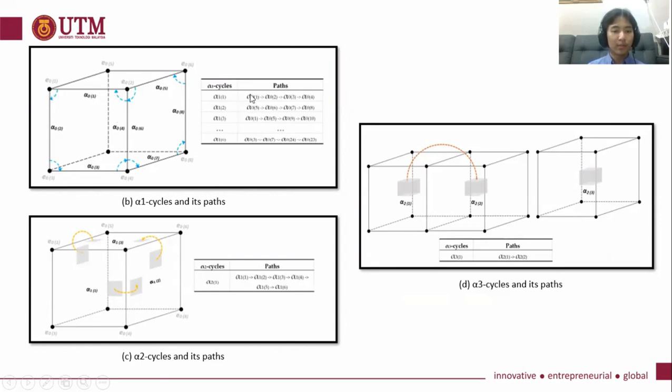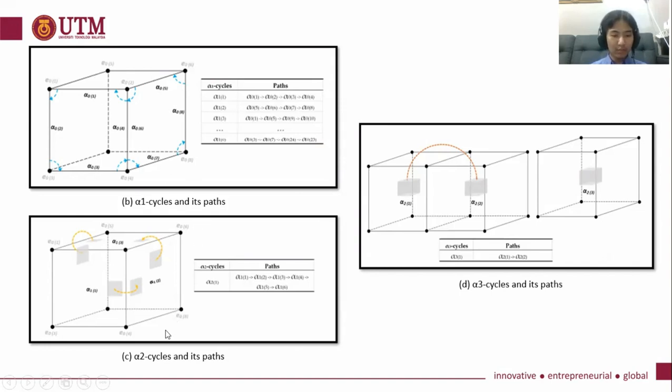So the path for the alpha 1 cycle is from alpha 01 to alpha 02 to alpha 03 to alpha 04. And by combining this path, the topology of this path can be described as faces. And this will continue until all the faces are described in this cube.